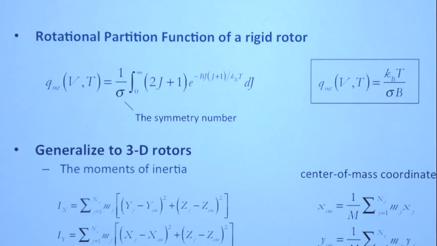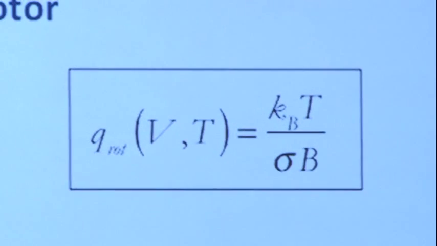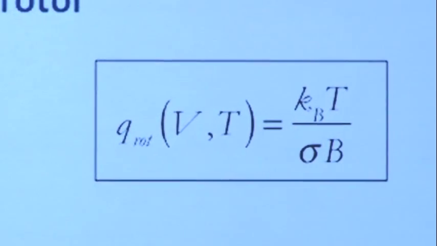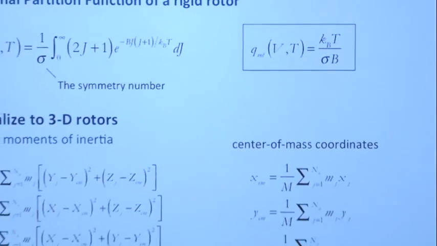So for a single rotor, the total partition function for a one-molecule system for one particular rotor is kT divided by sigma times B. B is the rotational constant, inversely proportional to the moment of inertia. Sigma is something we talked about, I believe, on Tuesday or Monday. That's the symmetry number.